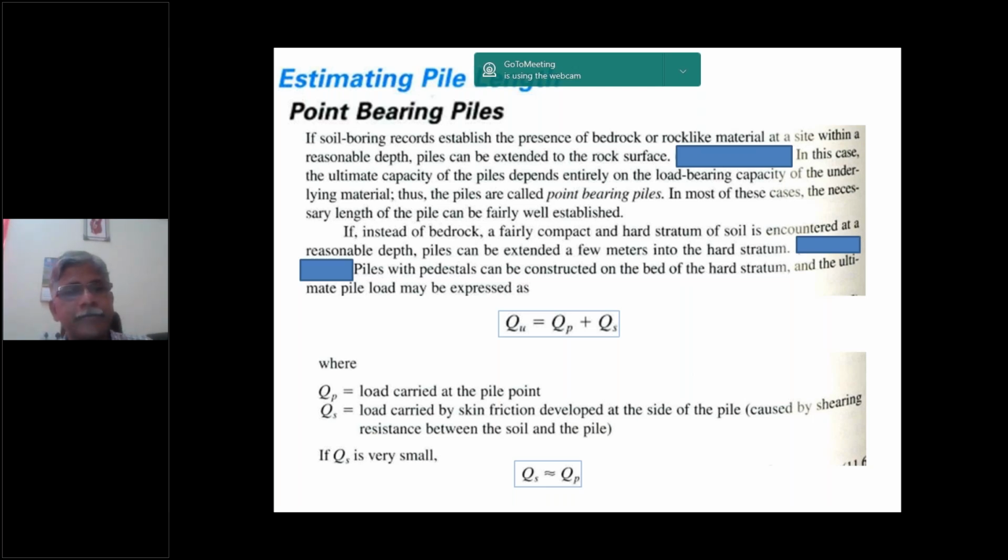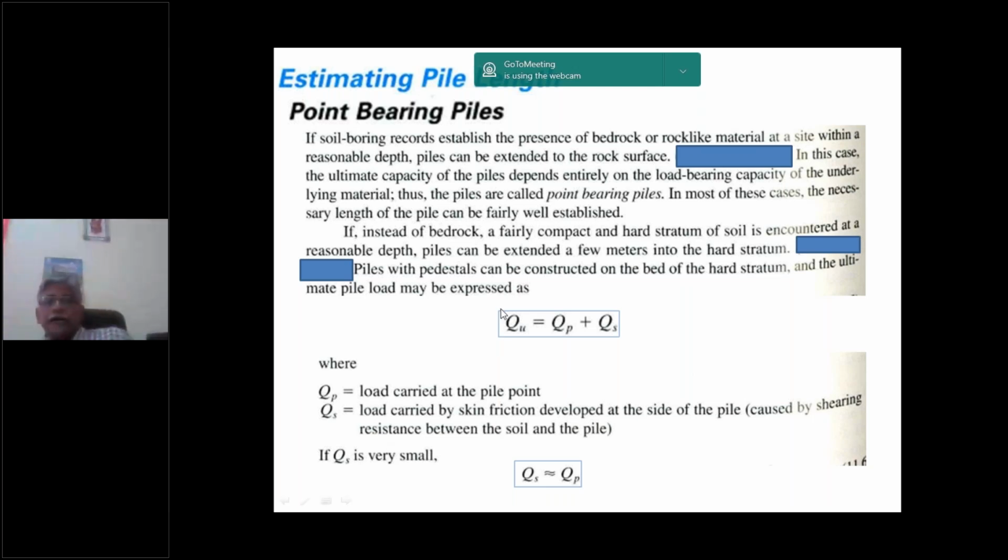So accordingly, the actual capacity of piles can be calculated by using the formula QU equal to QP plus QS. QU is the ultimate load the pile can carry in the soil, and QP is the end bearing capacity of pile or load carried at the pile point at the base, and the QS is the load carried by skin friction developed at the side of the pile.